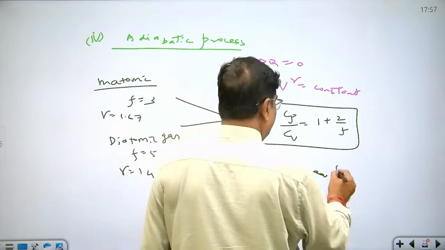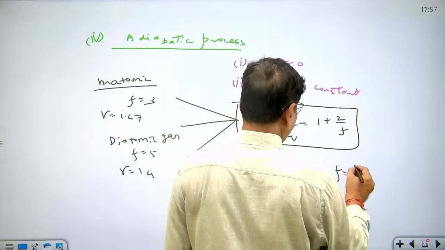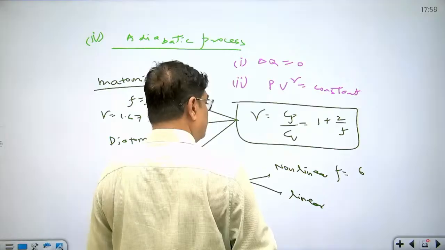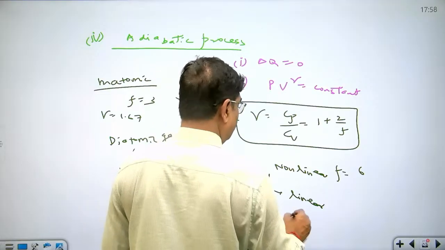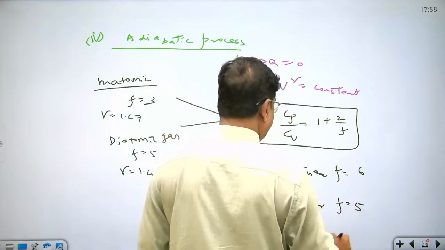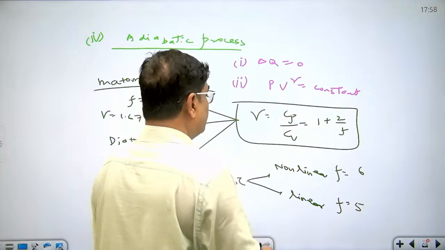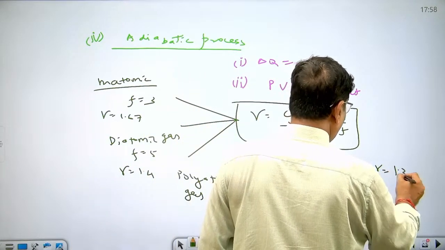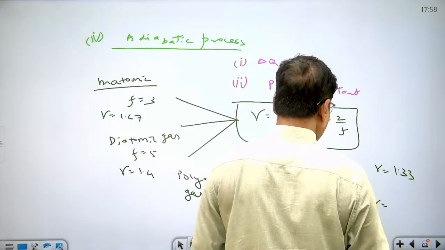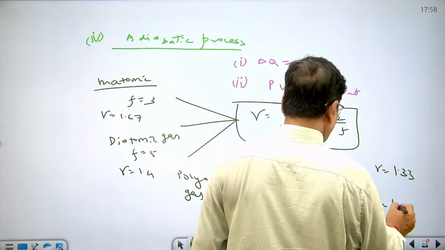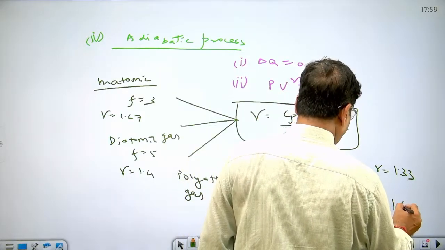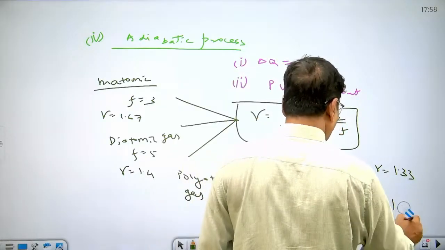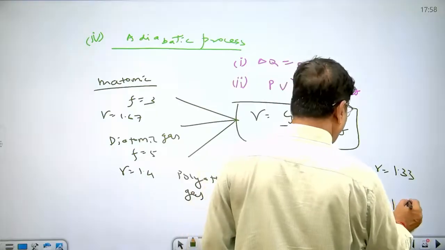For non-linear, degree of freedom is 6; here it is 5. So dear student, gamma is 1.33. Here gamma is 1 plus 2 upon f. Again 1.5, 1.4.